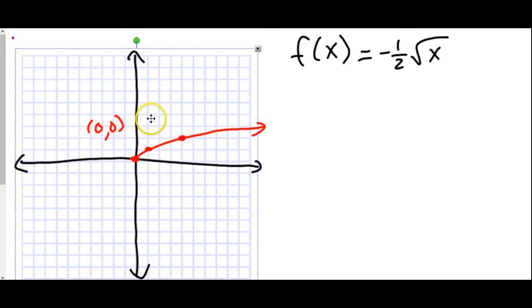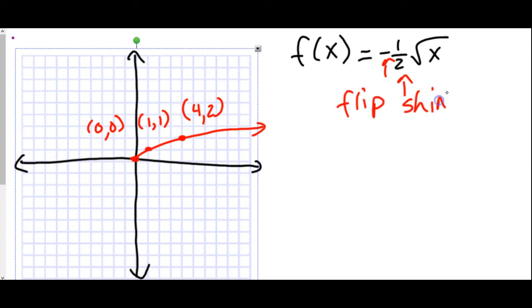It's going to be going below our original. So we know this has a flip. We know our final graph should be flipped upside down because it's negative. And we know it's a shrink because 1/2 is between 0 and 1.